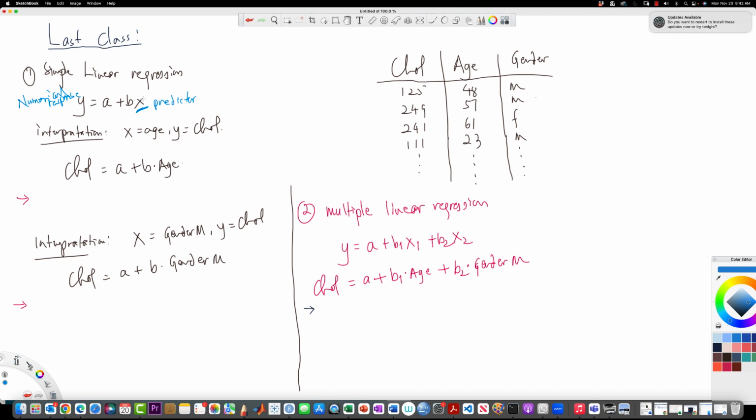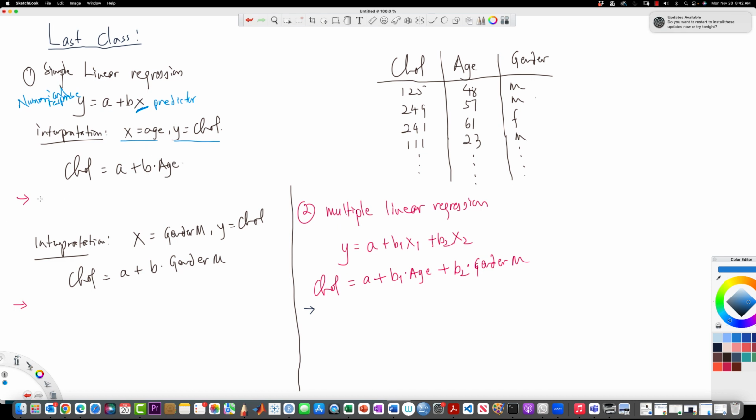For example, in this data set we have cholesterol, age, and gender. Here x is age and y is cholesterol, so the simple linear regression equation is cholesterol equals a plus b times age.